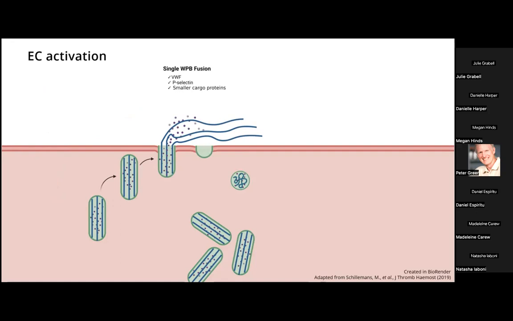It also includes its propeptide, which is released in equimolar concentrations to VWF, as well as P-selectin and smaller cargo proteins. P-selectin will be released from within the Weibel-Palade body and translocated to the cell membrane, where it exists as cell surface P-selectin, and then following proteolysis, it becomes soluble P-selectin within the bloodstream.